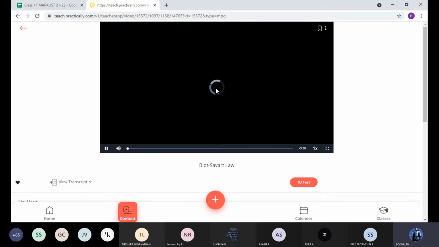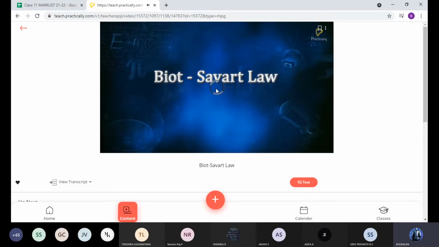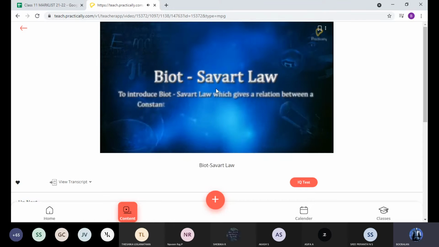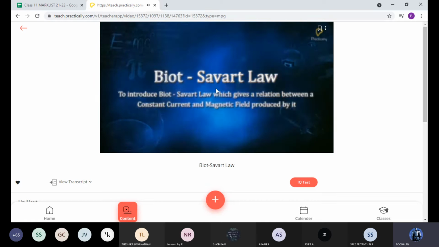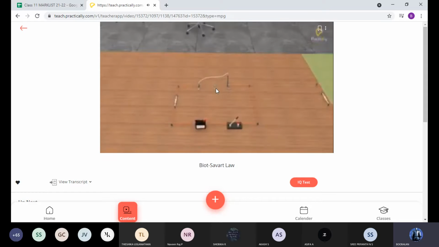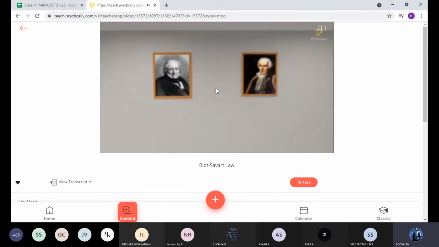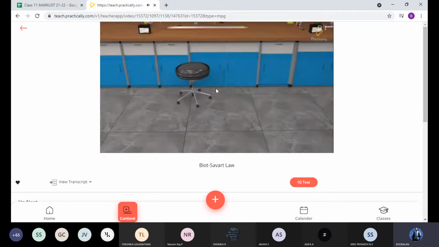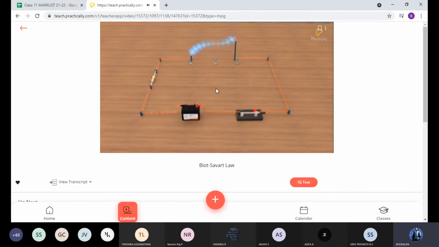Biot-Savart law. Objective: to introduce Biot-Savart law, which gives the relation between a constant current and the magnetic field produced by it. Jean-Baptiste Biot and Félix Savart discovered the expression for the magnetic field generated by a constant electric current in 1820.